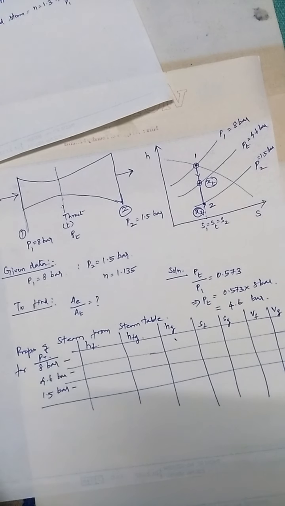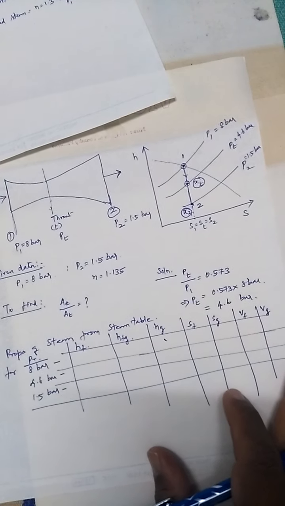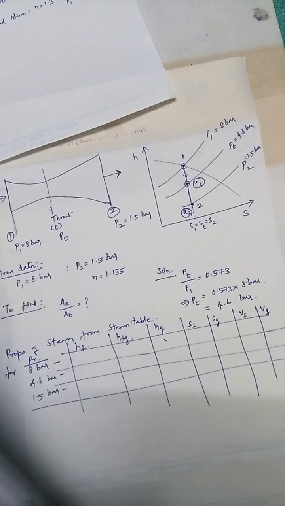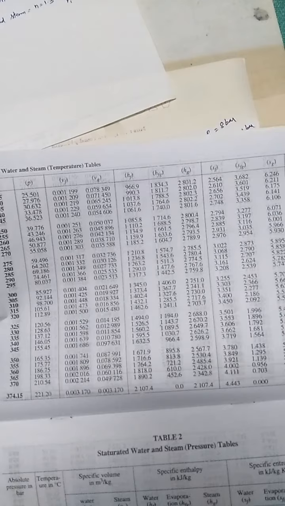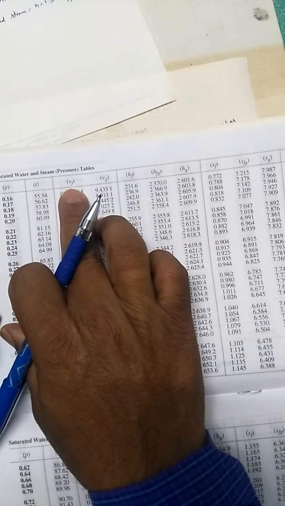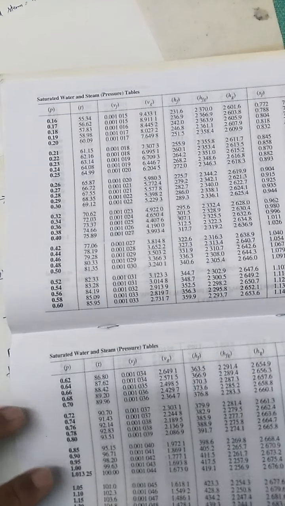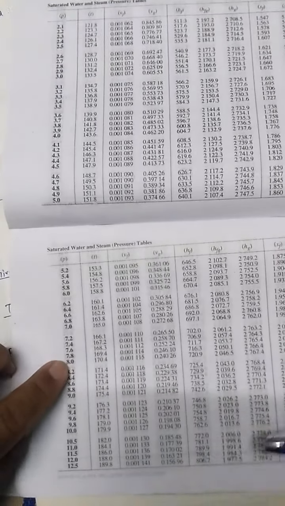So I will take one sample reading, and you must fill in the data for all the other properties. So let us take the value for 8 bar. I will take the pressure table and let us find it. So here I am getting the 8 bar.